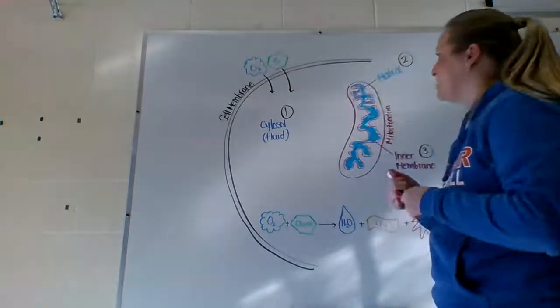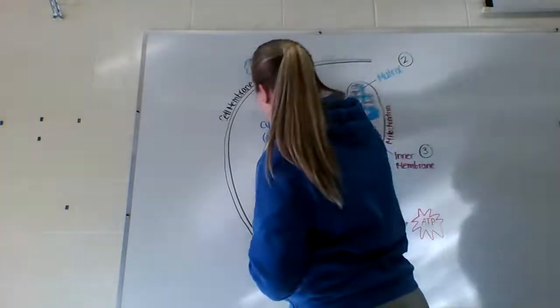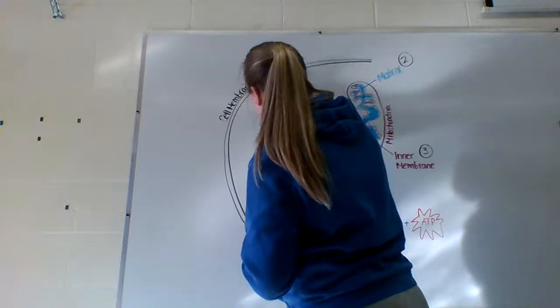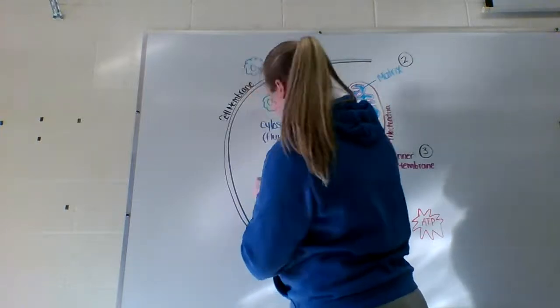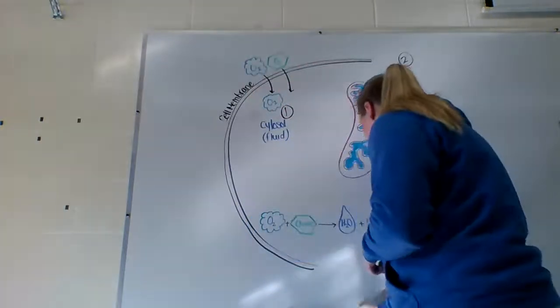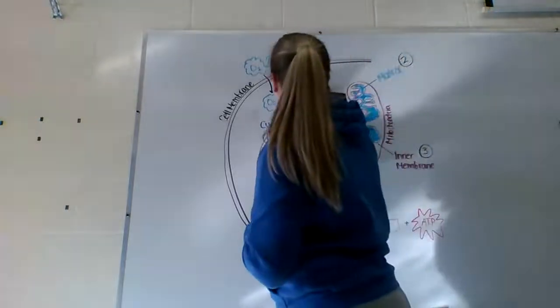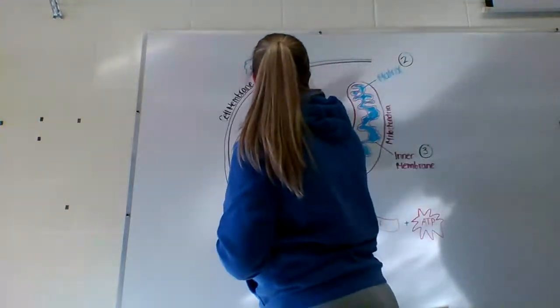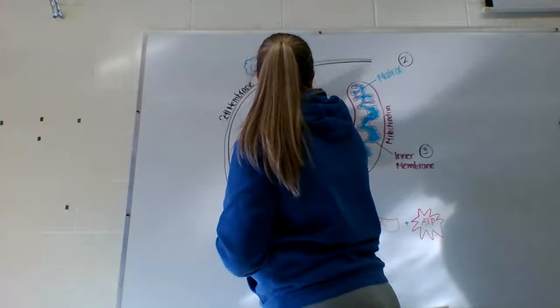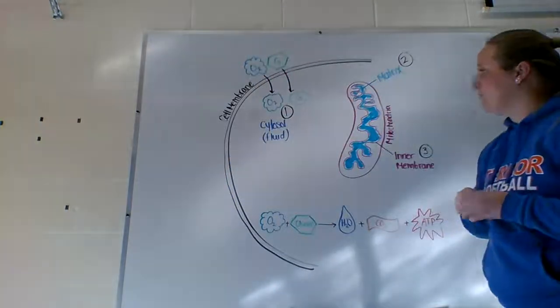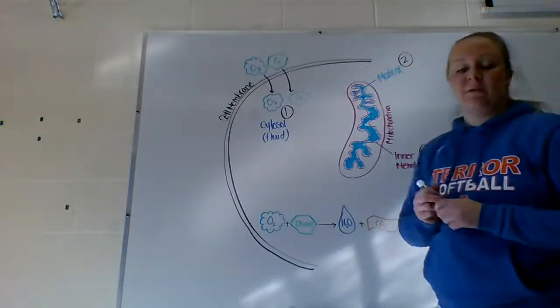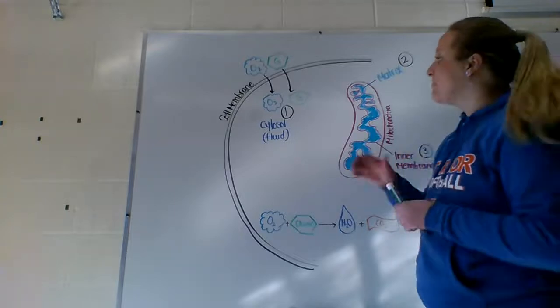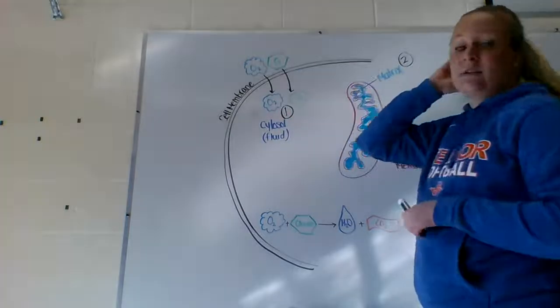I'm going to draw my little oxygen bubble again. And there's my glucose molecule. Now I'm going to focus on what happens with glucose. Oxygen we will need later on.